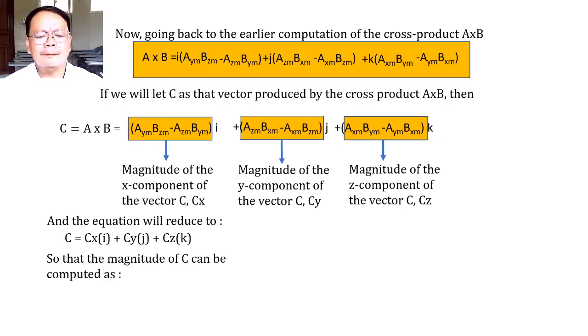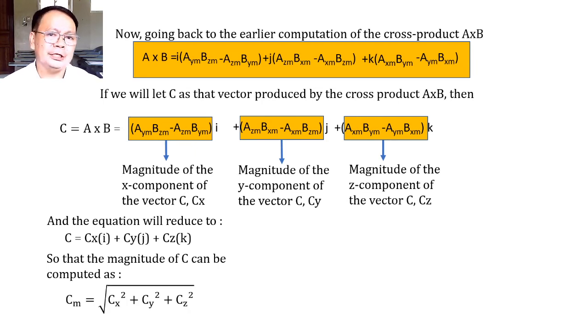So the magnitude of C can now be computed using the principle of the parallelogram law, or the resultant of a force system in space, so that C sub m, representing the magnitude, shall be the square root of C sub x squared plus C sub y squared plus C sub z squared.